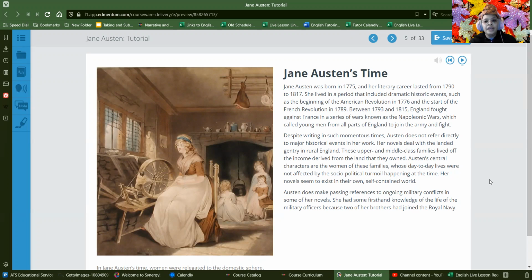If you were to read any of her books, you'd be like, oh, this happened at the same time as the American Revolution. This happened at the same time as the Napoleonic Wars. They were unaffected by that directly. Those wars weren't happening in those places. The women were not affected. So it's an interesting glimpse, like a window into what women were dealing with at that time.